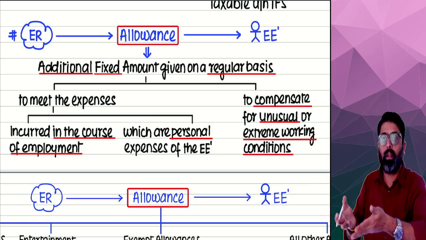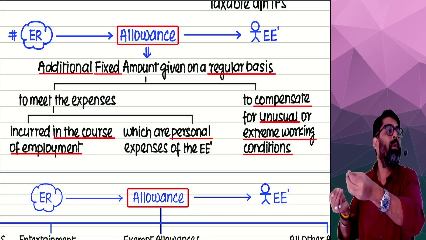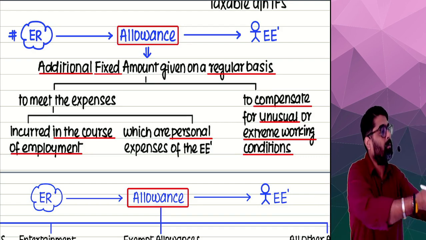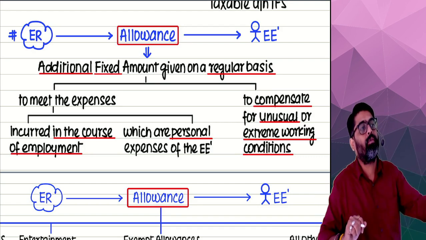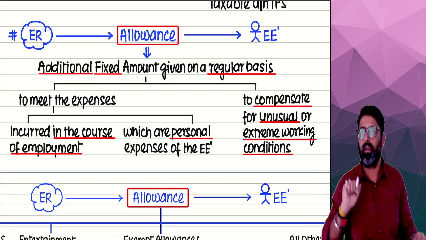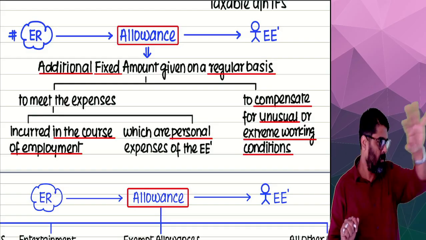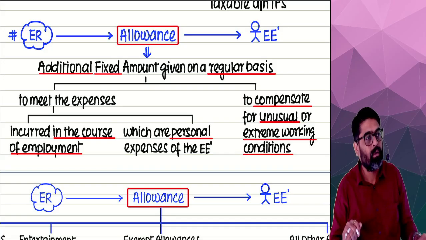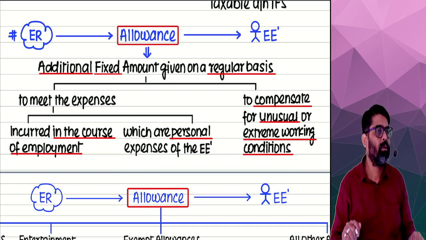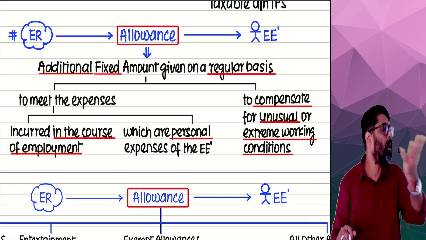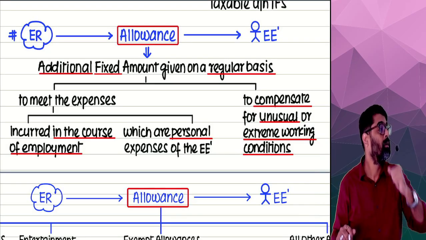For the full month, you are traveling 10 times, and every time you are going to your employer and asking for money. Just imagine, if you are the only person, the employer can handle. But this company has 2,000 employees, and out of them, 50 to 100 employees have to travel on a frequent basis.